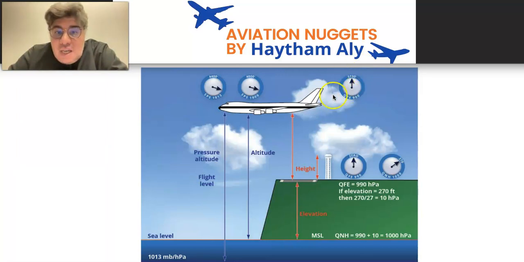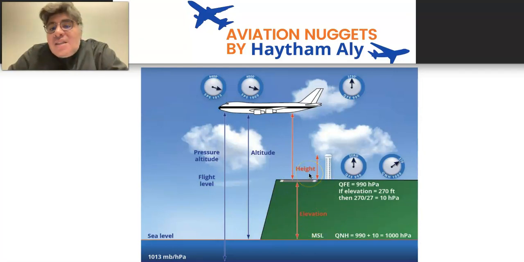If we put the pressure setting QNH, everybody, and we land on the runway, the altimeter will show us the field elevation of the runway. Here it is the elevation, which is 270 feet.